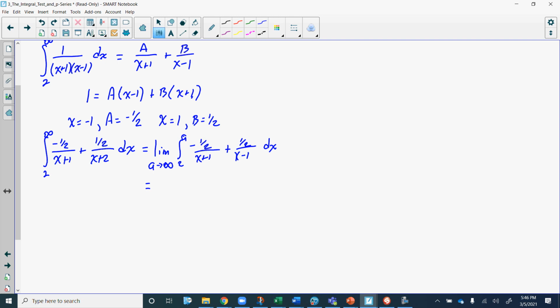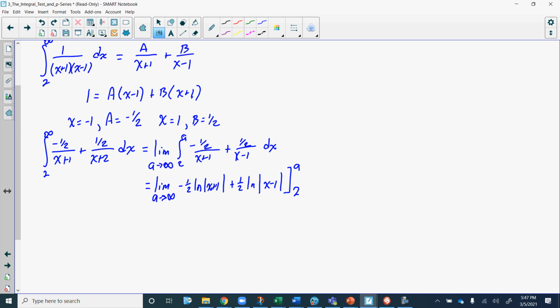So here, when I do the antiderivative, we'll have the limit as a approaches infinity of negative 1/2 times the natural log of x plus 1 plus 1/2 times the natural log of x minus 1, all evaluated from 2 to a.